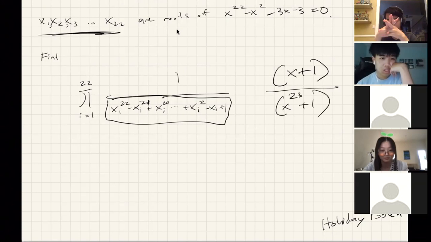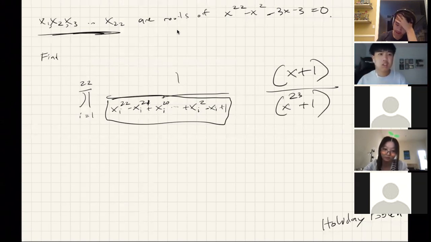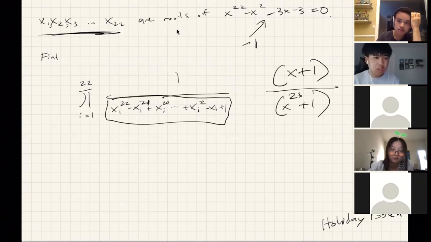But the unfortunate thing is that this doesn't really work as well as we might hope, because one of the roots of this is -1.